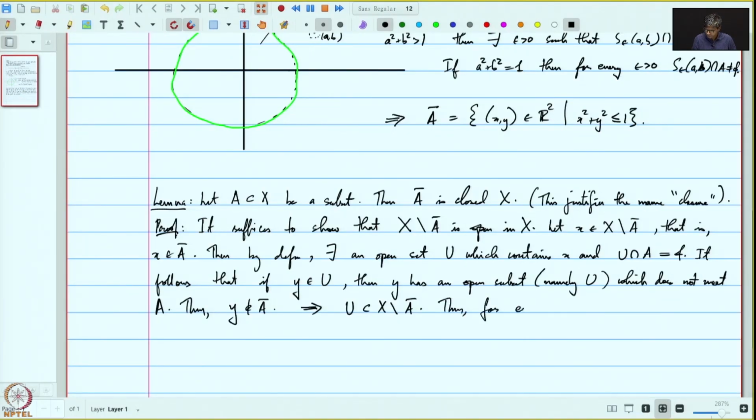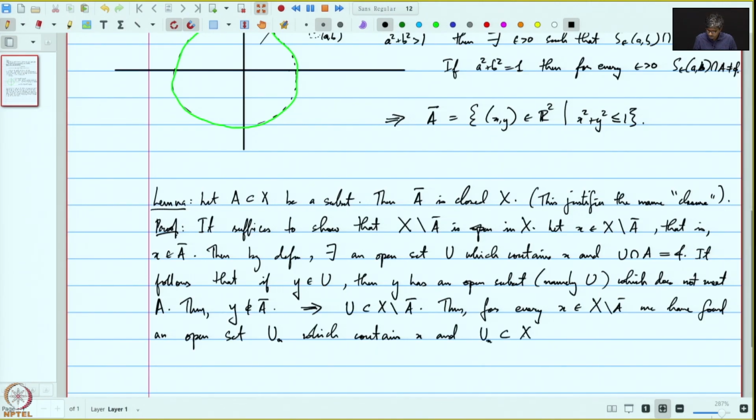So thus for every x in X minus A closure, we have found an open set U sub x which contains x, and U sub x is contained in X minus A closure.